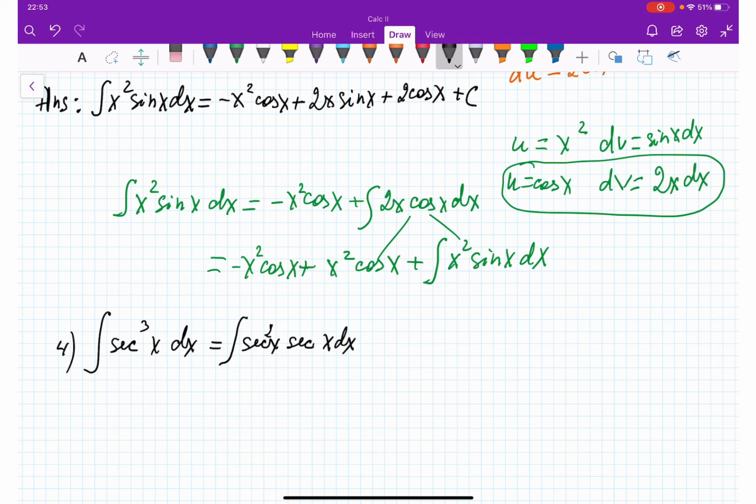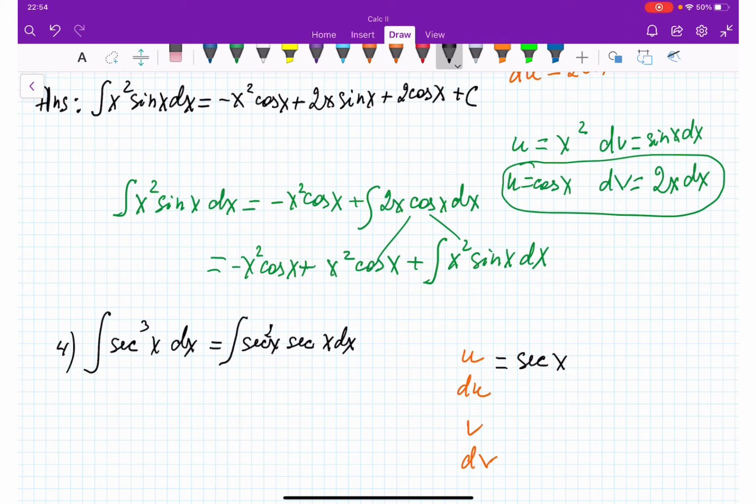All right, so let's substitute our u and dv. I'm taking my u as secant x because I'm leaving secant squared for integration, right?